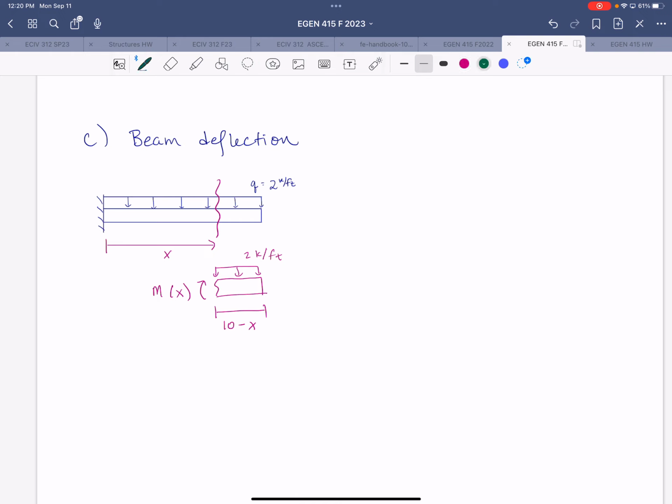So then from equilibrium of that right side of the cut, we can find an expression for M of x, which is going to be -2 kips per foot times the distance over which it acts to get the resultant force, and then multiply that resultant force by the moment arm to the cut, which is going to be 10 minus x over 2.